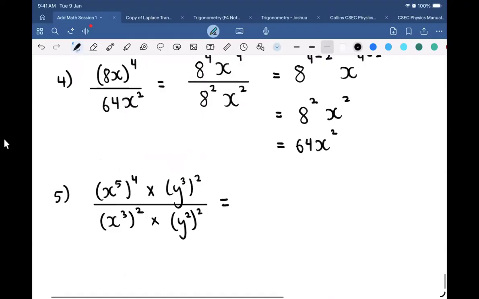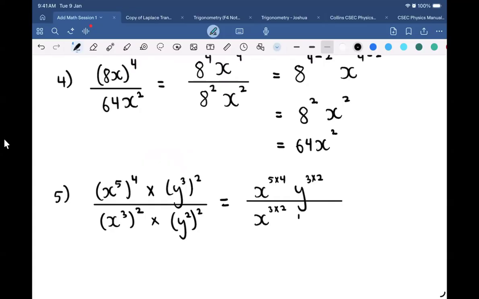So Serena, on top, tell me how we're going to handle that. Okay, so first I dealt with the numerator, so x to the power 5 multiplied by 4, and then y to the power 3 multiplied by 2, and then the denominator x to the power 3 multiplied by 2, and y to the power of 2 multiplied by 2.